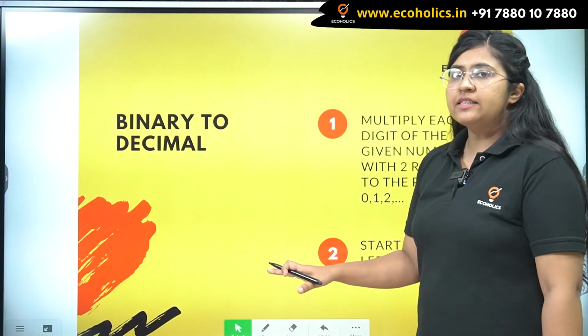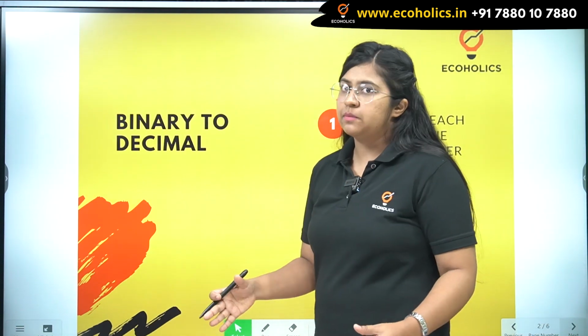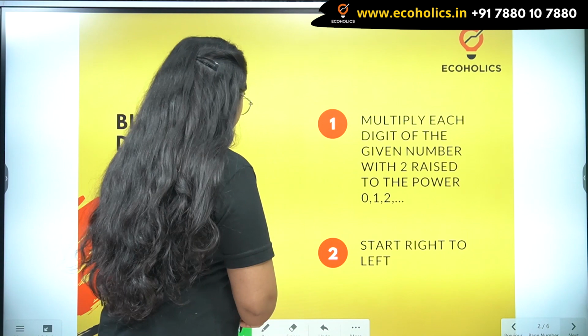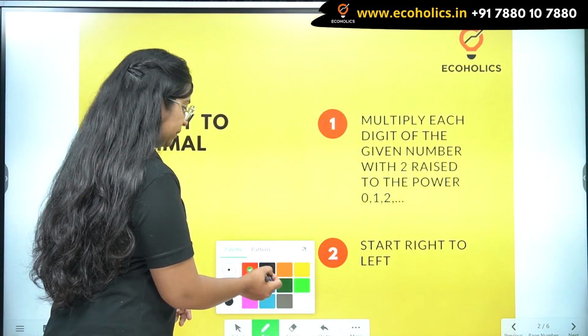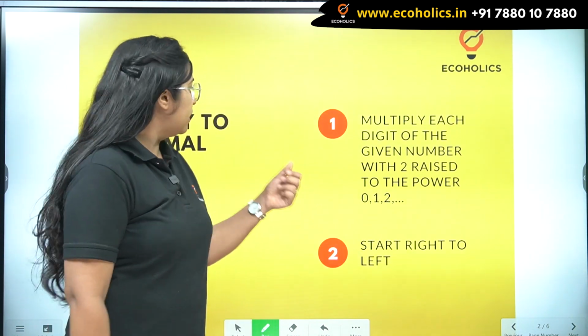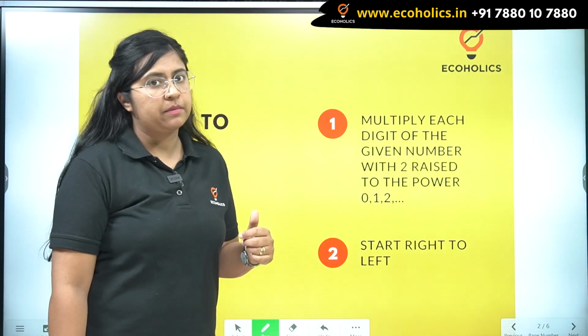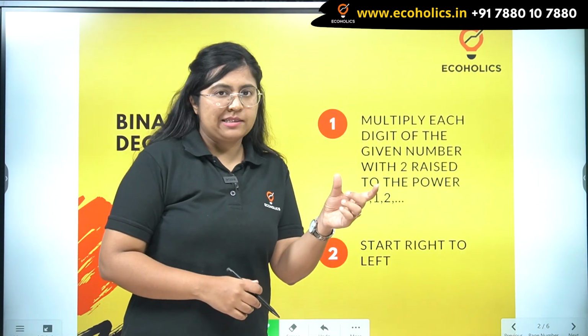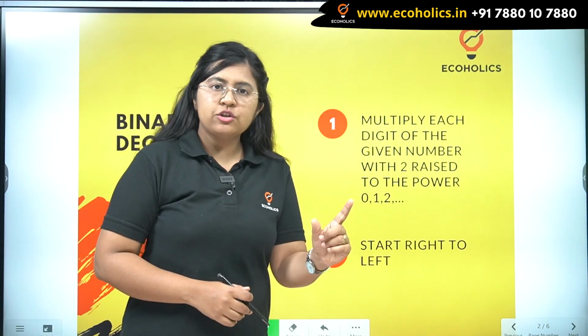The very first thing is, when you convert binary to decimal, what are the fundamentals that you need to learn? Let's understand the basic fundamentals. Now, what is binary and decimal? Whenever you have a base of 2, that is known as binary.